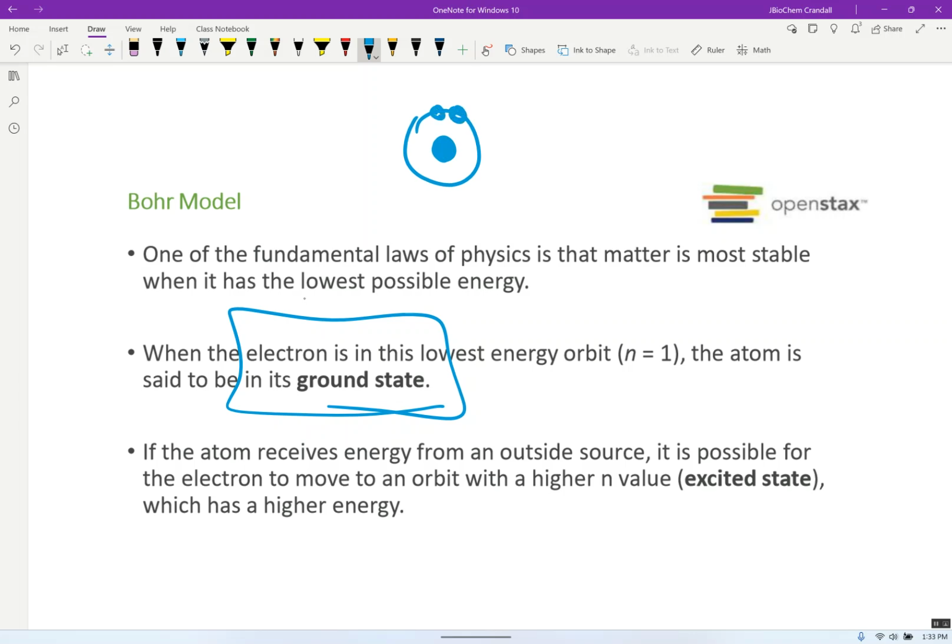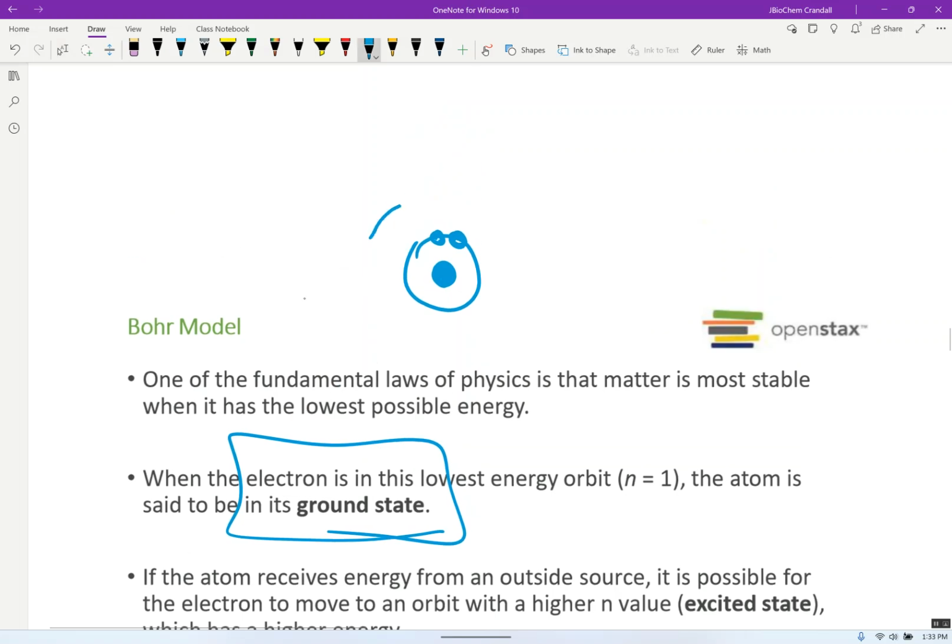Those 2 electrons are at their lowest energy. But what if you have 3 electrons? Well, if you have 3 electrons, this electron cannot be in its ground state in this first energy level because that energy level is already full. So its ground state will be here in the second energy level. So when we talk about ground state, you're in your lowest possible energy state.